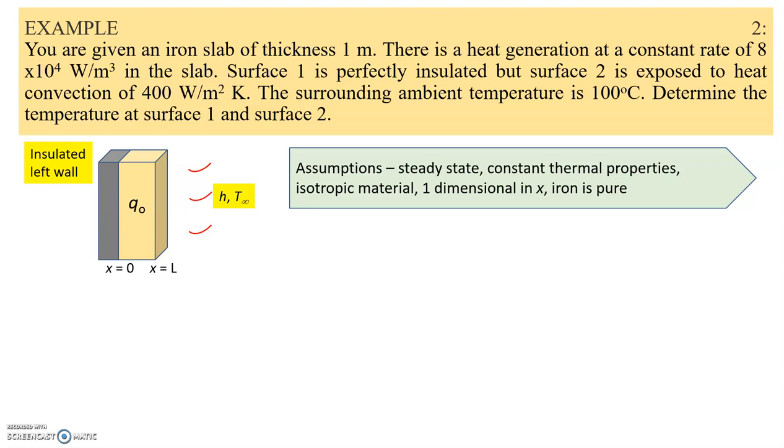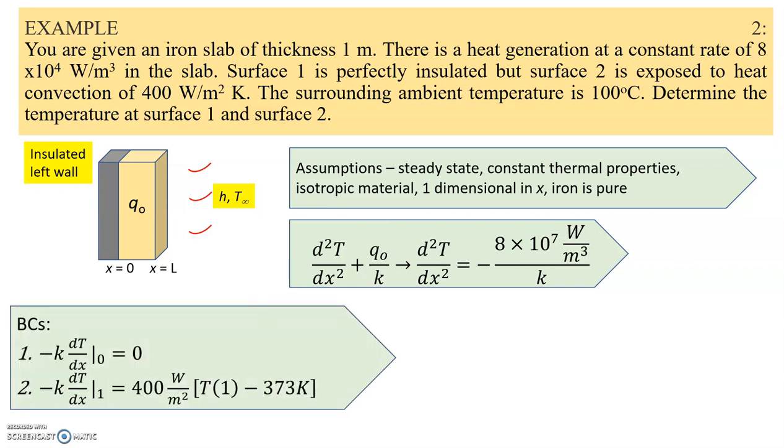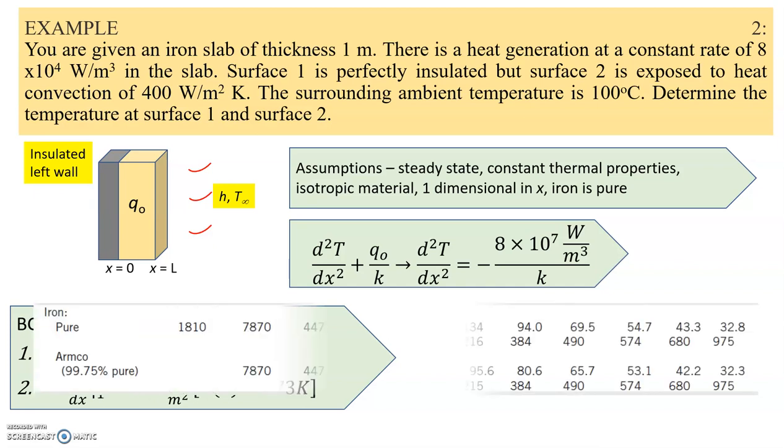You will see later why I've stated here I'm using pure iron, not 99% or 80% iron. So here, the simplified ODE, we have to solve with the two boundary conditions: the insulated wall boundary condition, and the boundary condition for the wall exposed to the fluid.